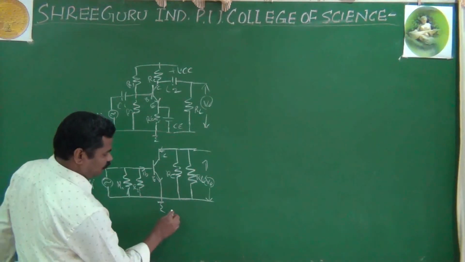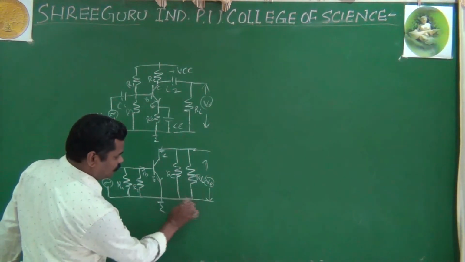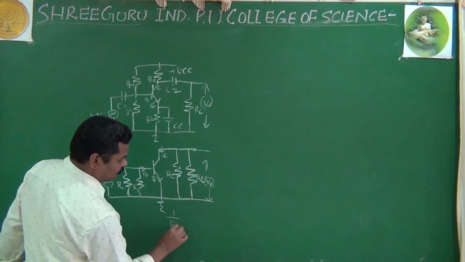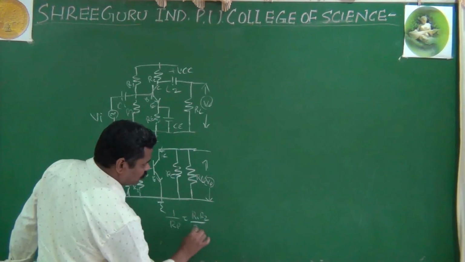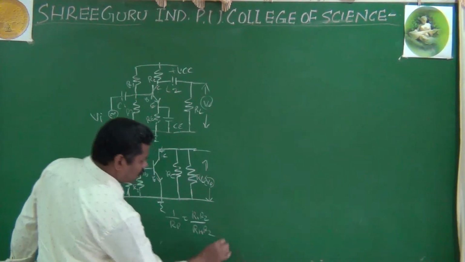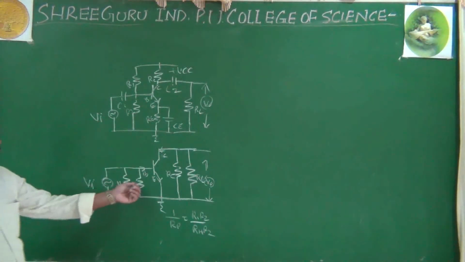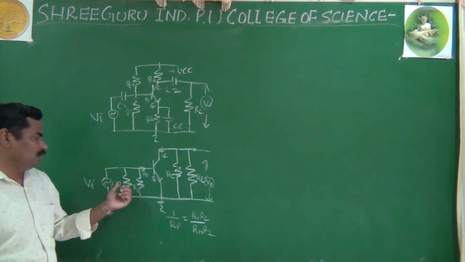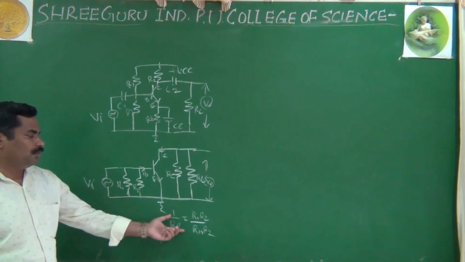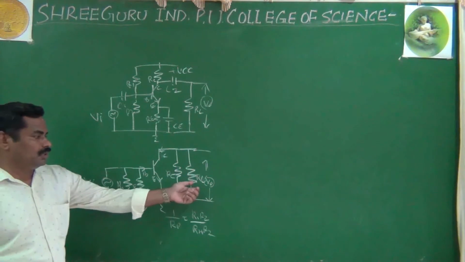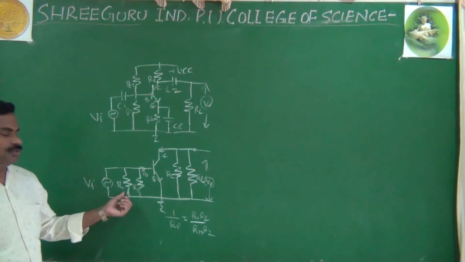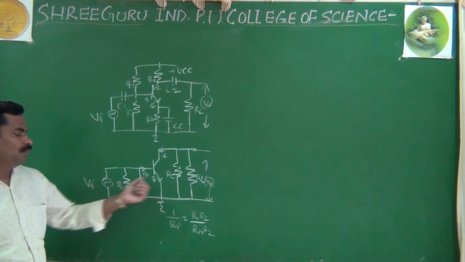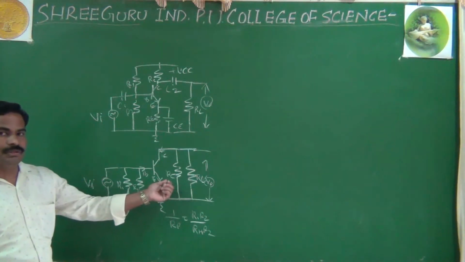That is, the total resistance RP is equal to R1 R2 divided by R1 plus R2. Here R1, R2 are in parallel in the input section. Using this formula, RC and RL are also parallel, and you get a single total effective resistance. Find the effective resistance for the input side, and also for the output side.